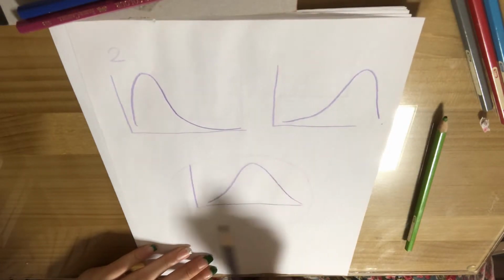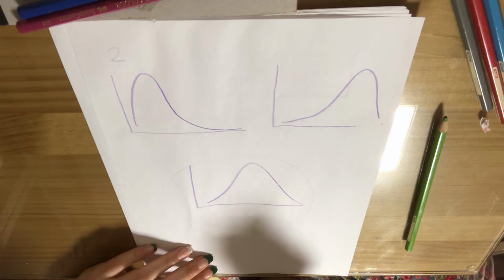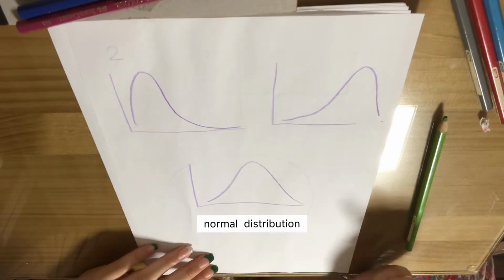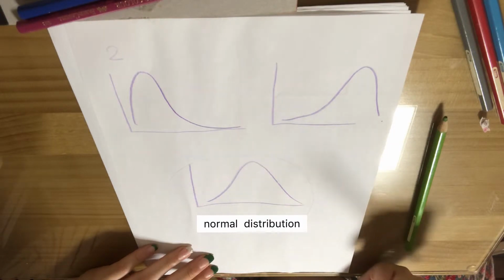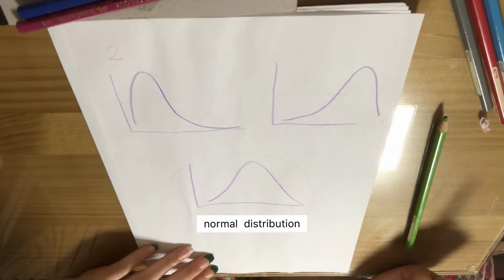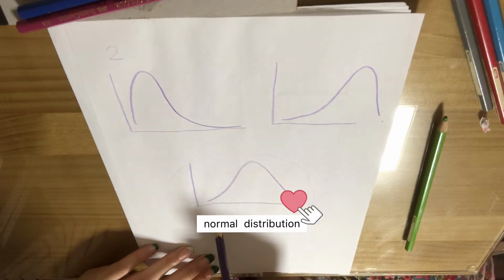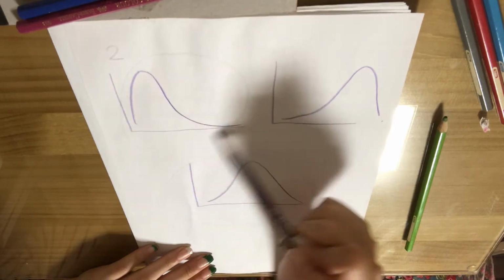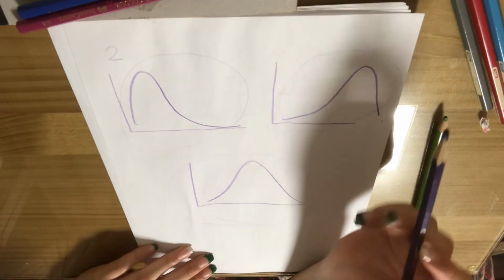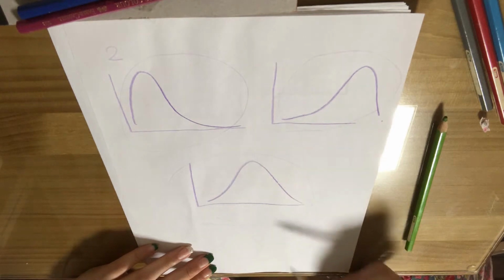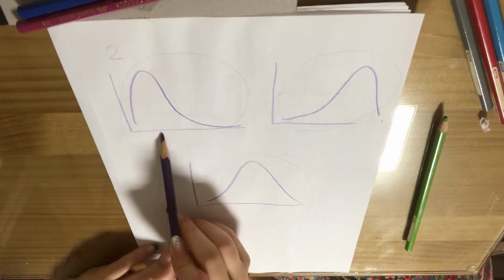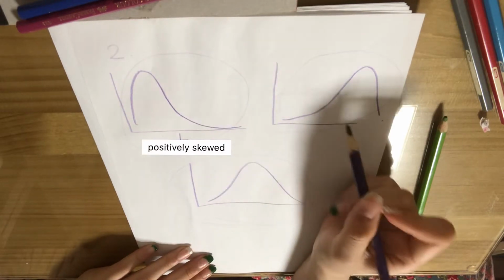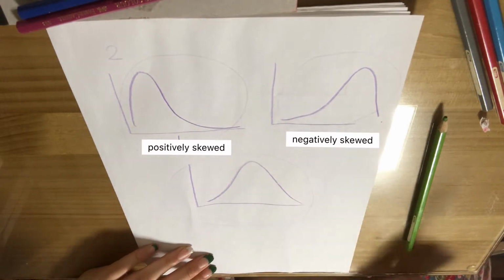So this is the most idealized shape, which is normal distribution. And when psychologists collect data, they want this shape. However, life is not easy. So there are some that deviate from the normal distribution, and this one is called positively skewed, and this one is negatively skewed.